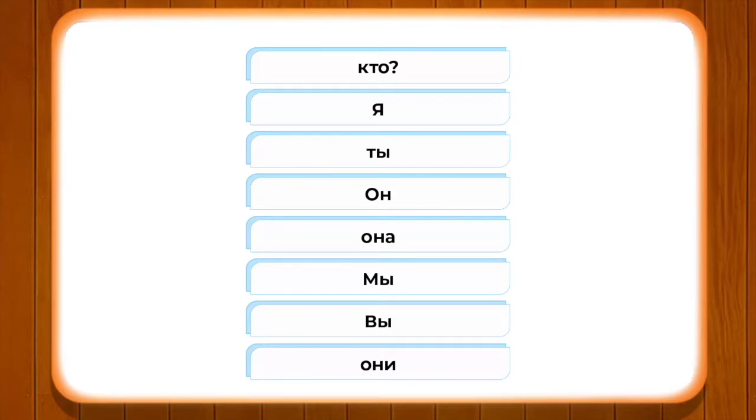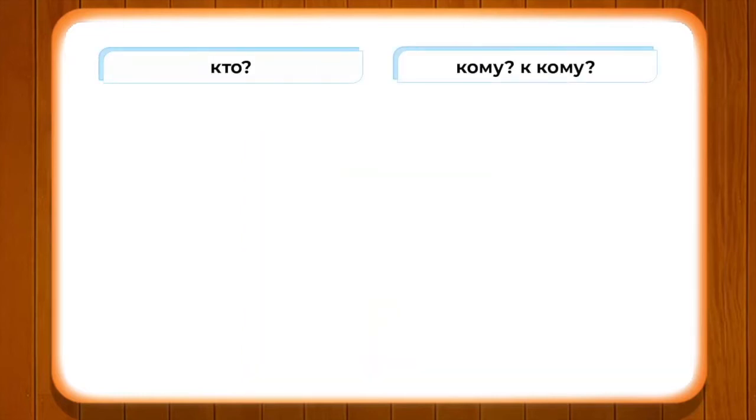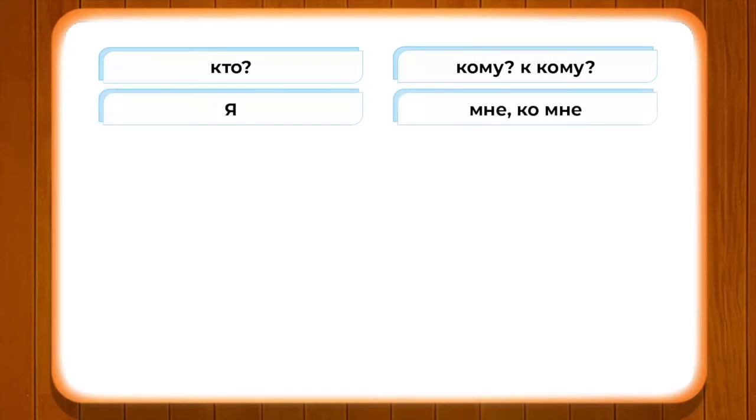Now, if we change the simple nominative into the dative, or dachilny, the question changes into kamu and kakamu. These are the two basic questions of the dative case, which mean to whom and towards whom. For kamu and kakamu, ya would change into minie and kominie.